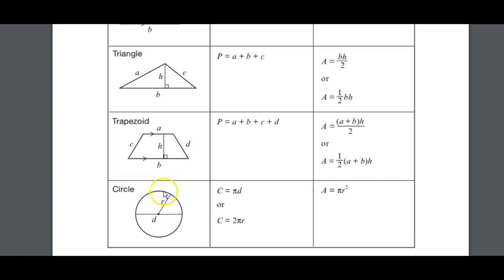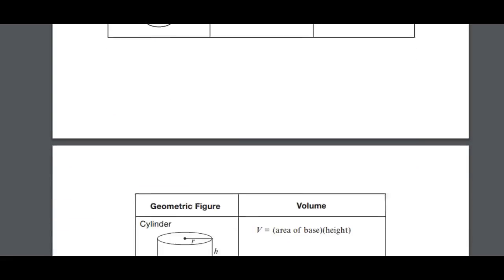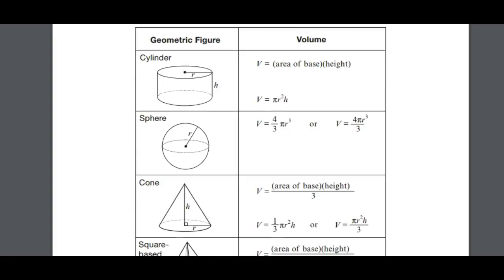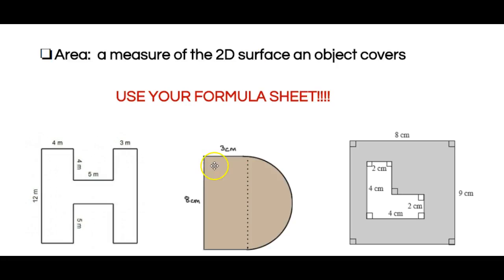I have the area of a circle, and it reminds you what a radius is versus the diameter, and so on and so forth. So make use of those formulas. I'm going to talk about volume in a second here, but remember, you also have formulas for the volume of different geometric figures. Use them. Make use of those.